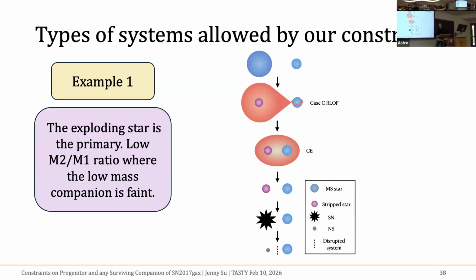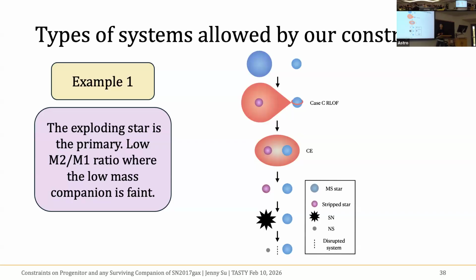Here I'm showing an example of one of those types. The exploding star could be the primary star, meaning that the exploding star started off as the more massive star in that binary system. After the core helium burning, the primary star expanded, and some of that material is gravitationally pulled towards the companion star.